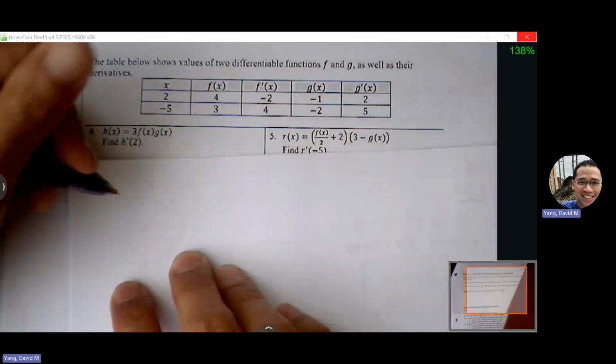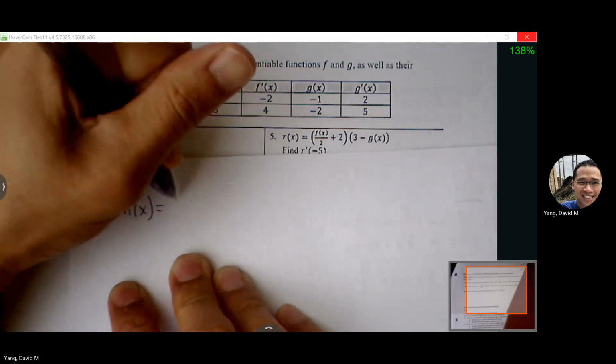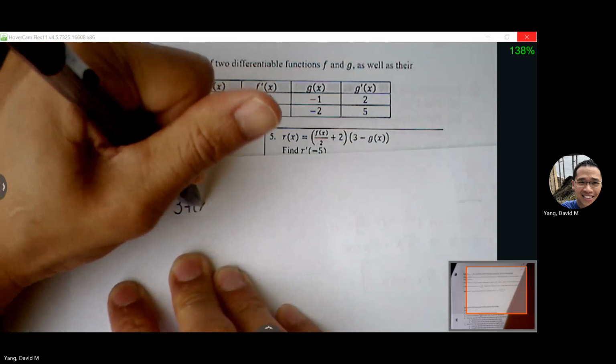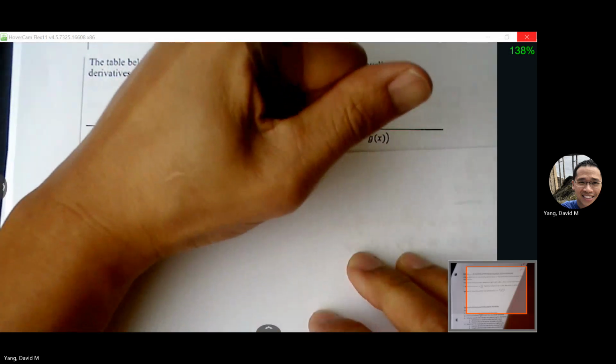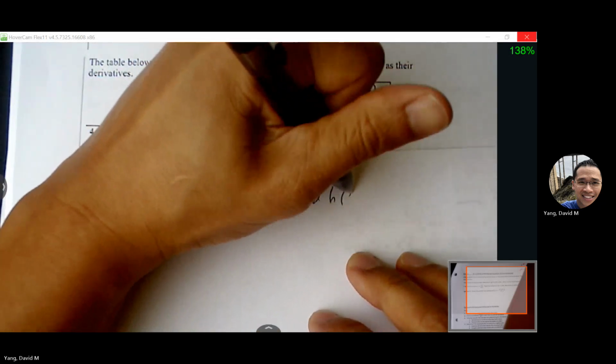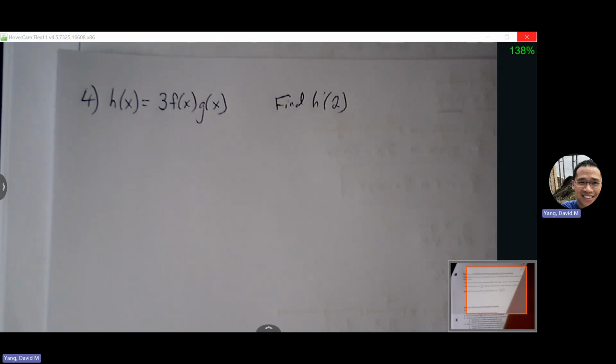Okay, number 4. It says find h prime of 2. First things first, though. Let's find h prime of x. Let's find the derivative first, and then we can worry about evaluating that derivative at a point.